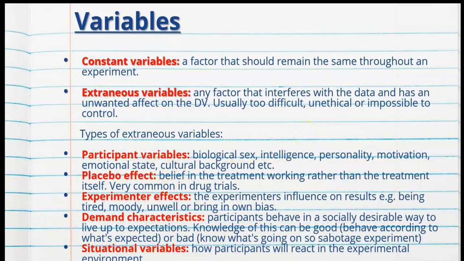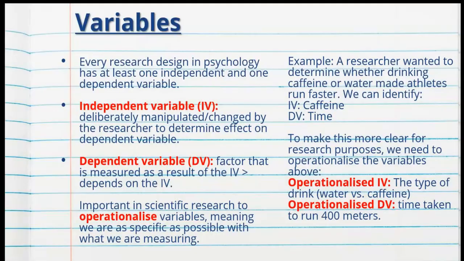So we want a relationship. If I just go back for a moment, we want a relationship or a correlation or a cause and effect between our IV and our DV. So looking at this example, we want there to be some sort of a correlation or cause and effect or a relationship between caffeine and time. We want that. That's the whole point.